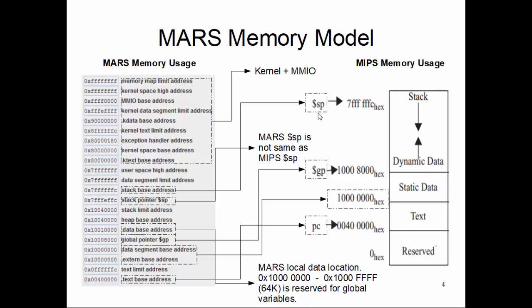The other part is the usage of static data. The static data and global variables all span beyond what MIPS suggested, which gives you more space for constants and global data and so on. So your dynamic data space is much less in this case for Mars.